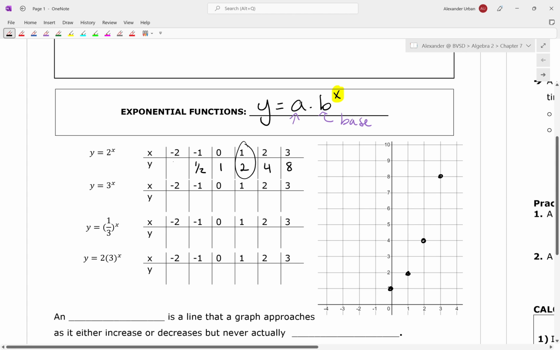If I go to negative 2, the reciprocal is 1/4. So if I go 1/2, then 1/4, then 1/8, and then 1/16, you can see I'm getting closer and closer to y equals 0, but I will never touch it. We call that an asymptote, a horizontal asymptote in this situation.